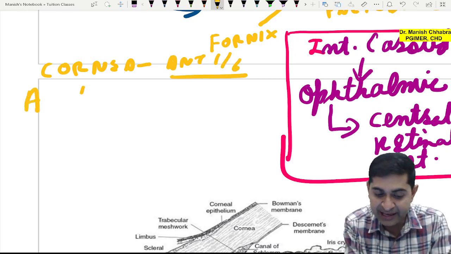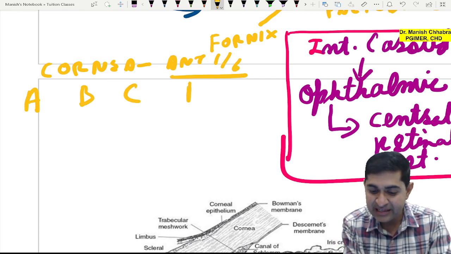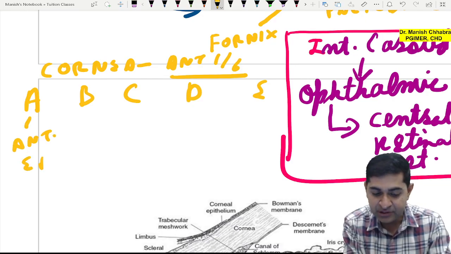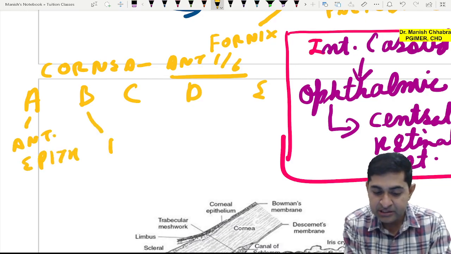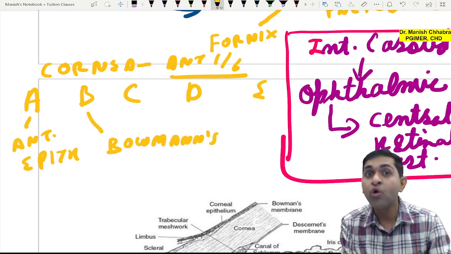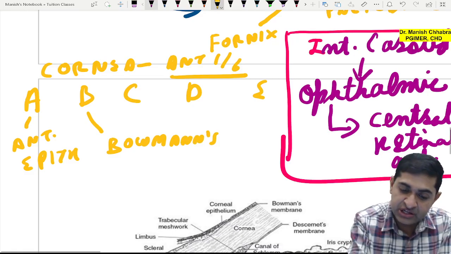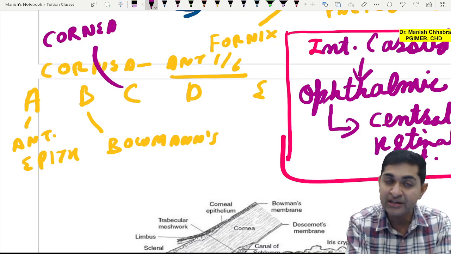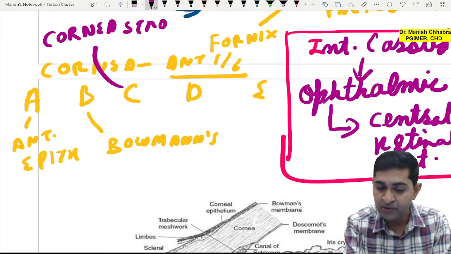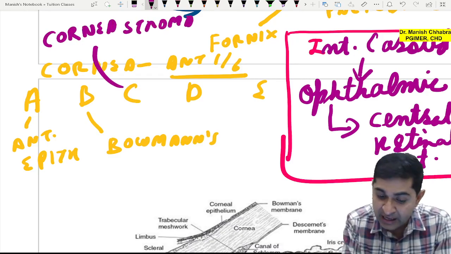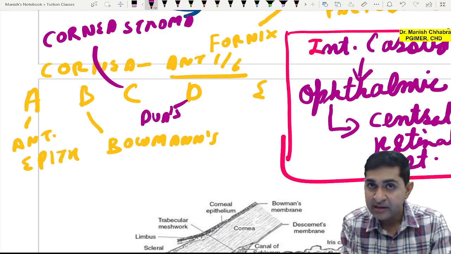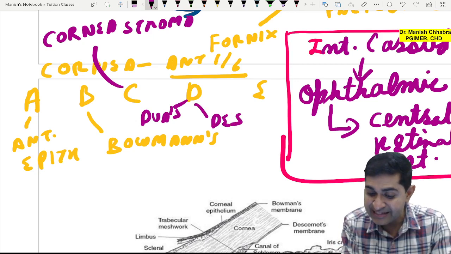Please remember with me: A, B, C, D and E. A is anterior epithelium, B is Bowman's layer or Bowman's membrane, C is, of course, stroma, but for the ease of learning you can call it corneal stroma because we are talking of the layers of the cornea. D is Dua's layer, and then there is Descemet's layer.